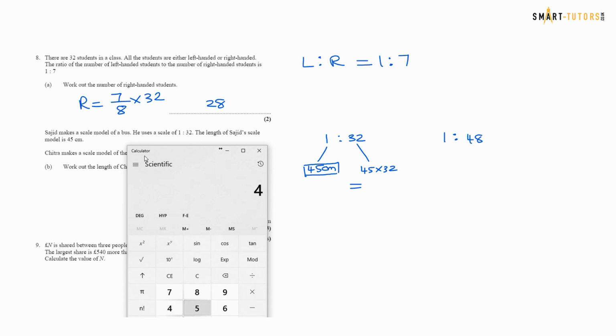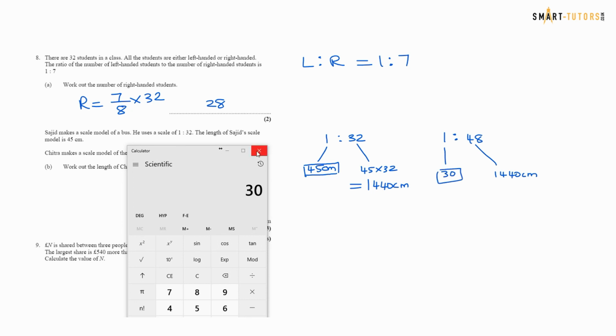So 45 times 32, which is 1440 centimeter. So now 1440 centimeter is the length of that same bus, divided by 48. So the model is going to be 30.